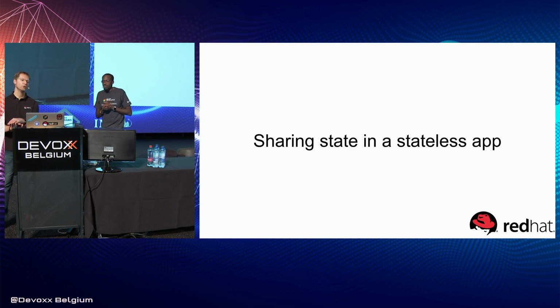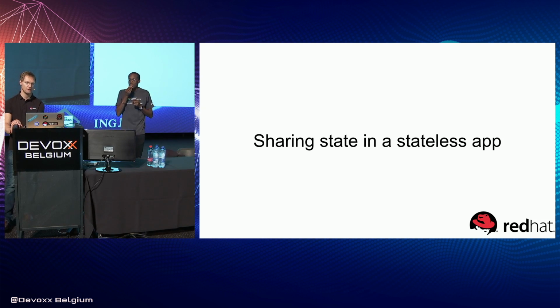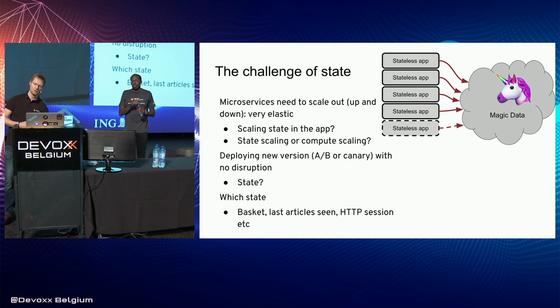We're being told to write stateless applications, but of course there is state somewhere, otherwise the application is pretty useless. So let's take a step back and rethink why we say we need to write stateless applications. In a universe where you need to be much more fluid, you need to be able to scale up and scale down.